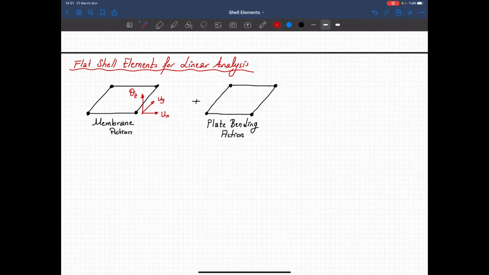So the degrees of freedom are, let's show this one also, theta x, theta y, and the translation in the z direction. Of course, when you add the stiffness, you end up with the stiffness matrix of a shell element, a flat shell element.